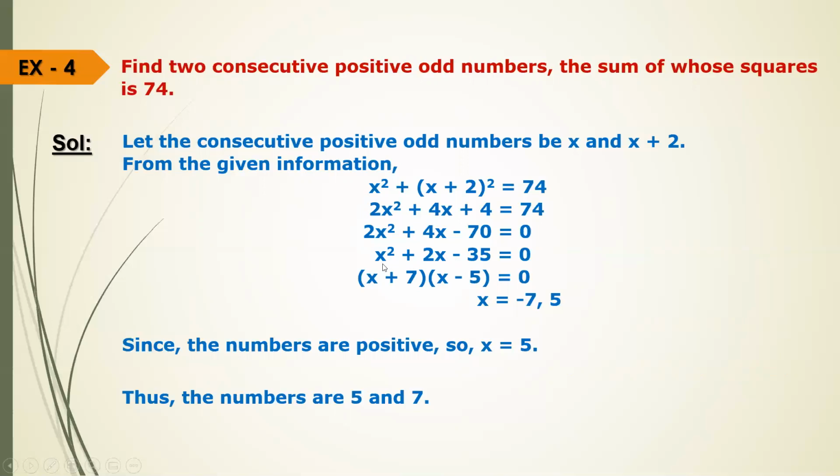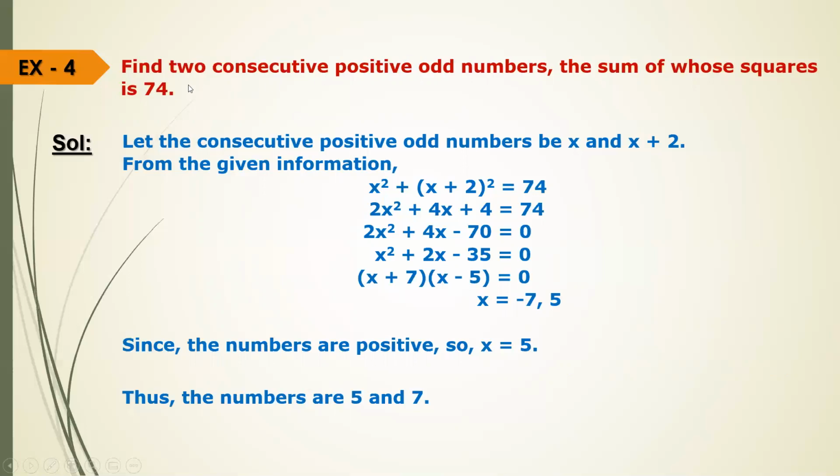So the next step is x square plus 7x minus 5x minus 35 equal to 0. You know how to take common to get these two brackets. So I got (x plus 7) and (x minus 5), taking common from the first two terms and then from the last two terms. Two values of x we are getting: minus 7 and 5.